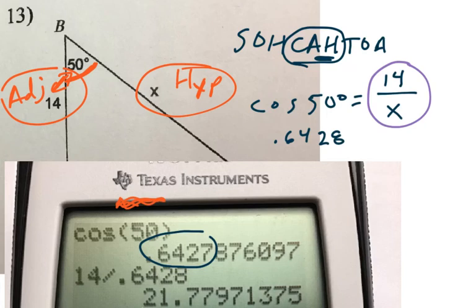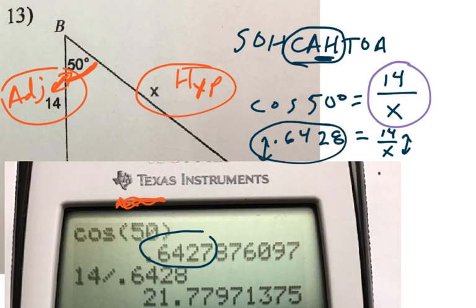And if that equals 14 over x, watch this trick, guys. How about we do a reciprocal on both sides here? So this becomes 1 over 0.6428. That equals x over 14.